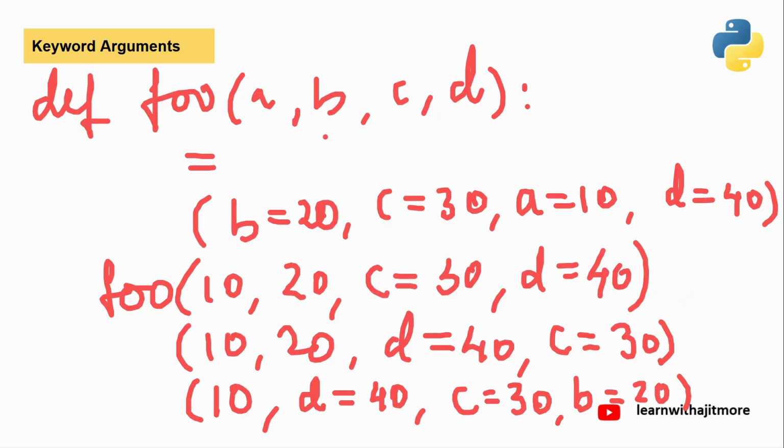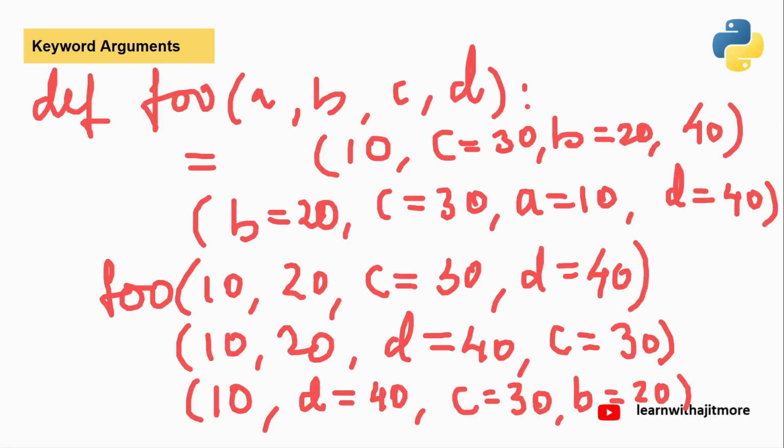Means in this, you cannot write like this: 10, then C equal to 30, then B equal to 20, and 40. That is not allowed. Means first positional, then in between you started with keyword and then again positional.